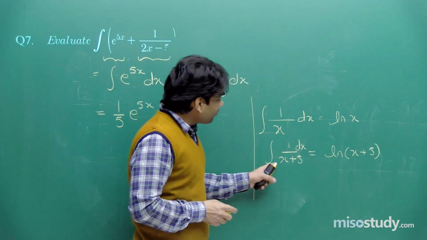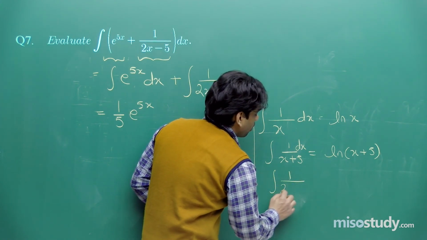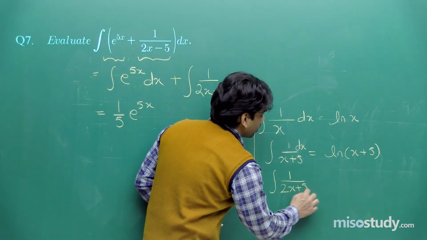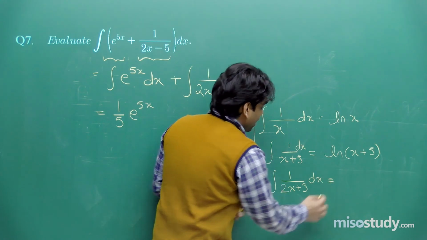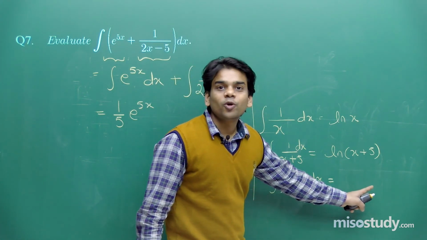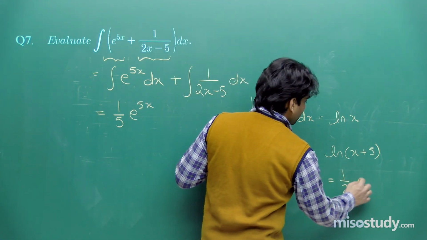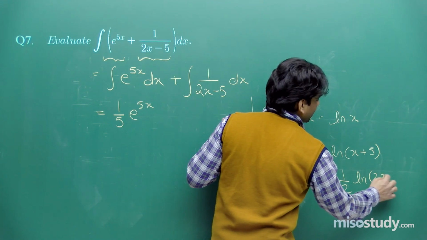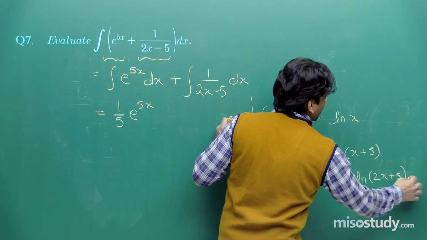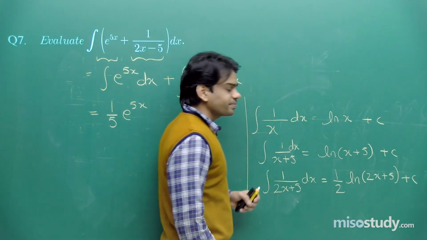What if I have 2x plus 5? Then, just as I told you, for 1 upon 2x plus 5 dx, a constant is multiplied, so in your result you are going to divide by that constant. So this will be 1 by 2 ln 2x plus 5, and plus 1 constant, which you have to add in every term.